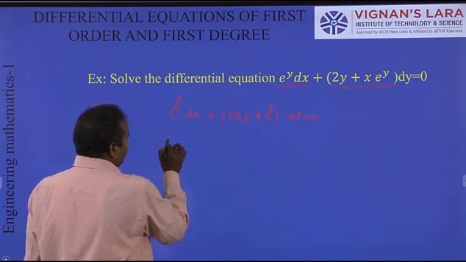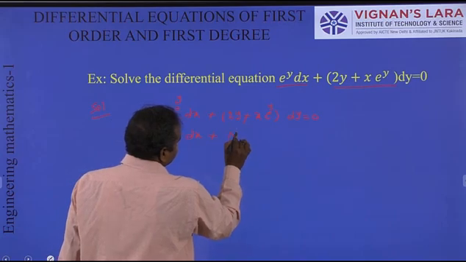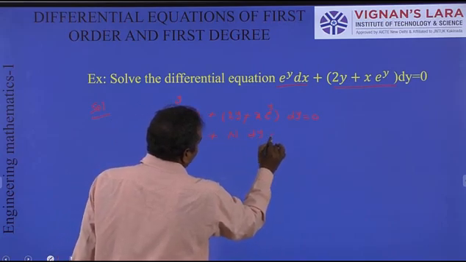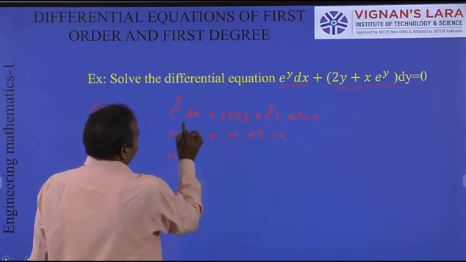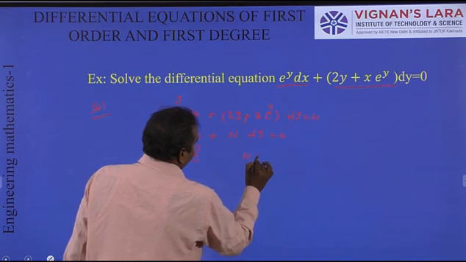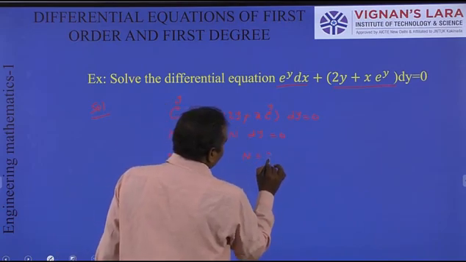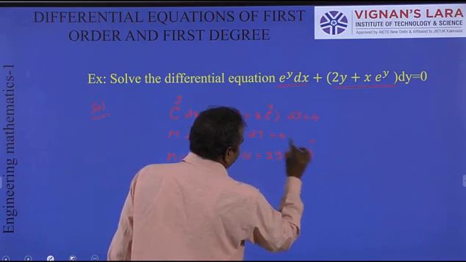We have to compare this equation with M dx plus N dy is equal to 0. So dx coefficient is M. What is the value of M? M value is e power y. What is the value of N? N is equal to 2y plus x into e power y.